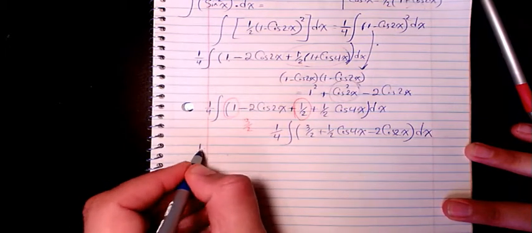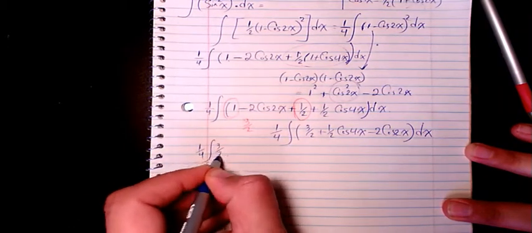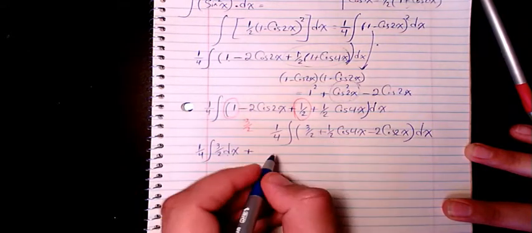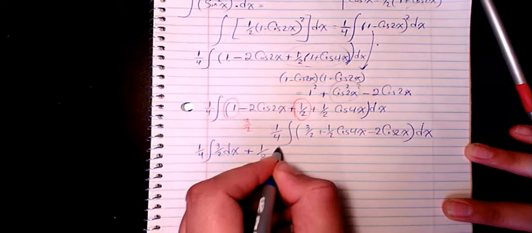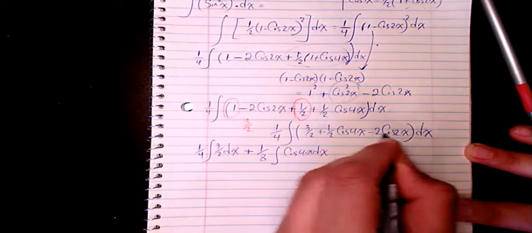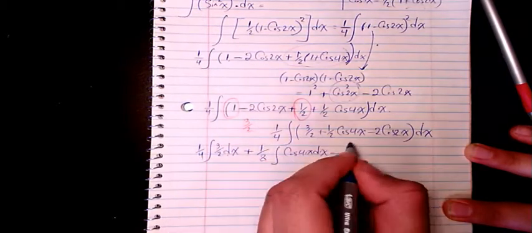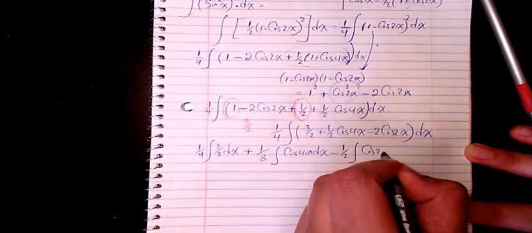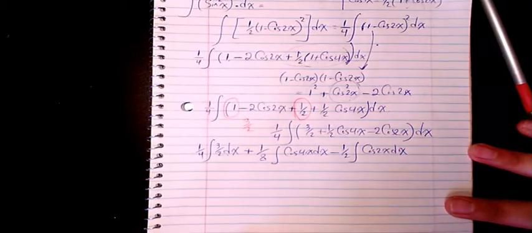Then I can say 1 over 4 times 3 over 2 dx plus 1 over 8 integration of cosine 4x dx, and then finally we have 2 over 4, which is going to be 1 over 2 cosine 2x dx.